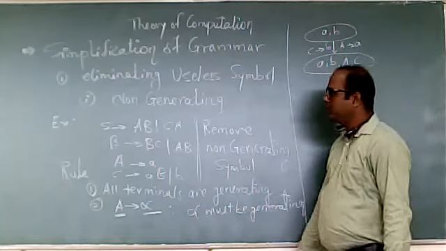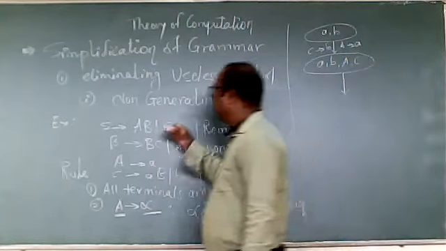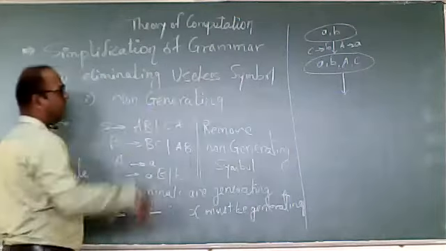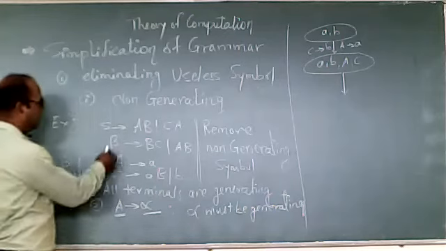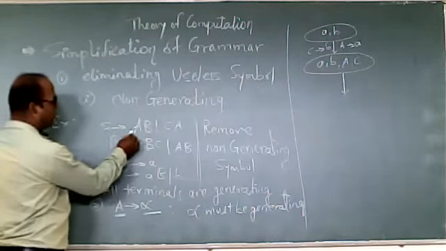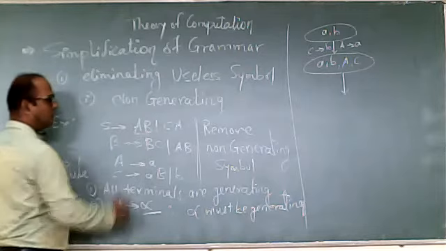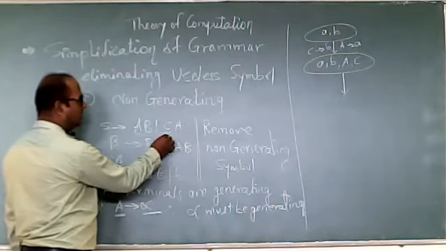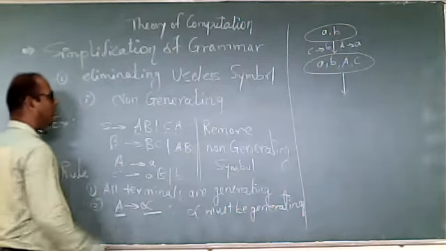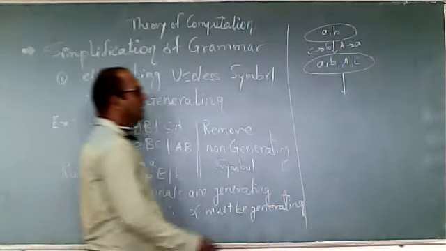Now with the help of this, we'll try to find some other symbols which are generating. Whether we have any other productions which have all four or any of these four generating symbols. If we check, S produces AB. A is generating, but B is not generating, so we cannot say this is generating. S produces CA. C and A both are generating, so we can say S is also generating.